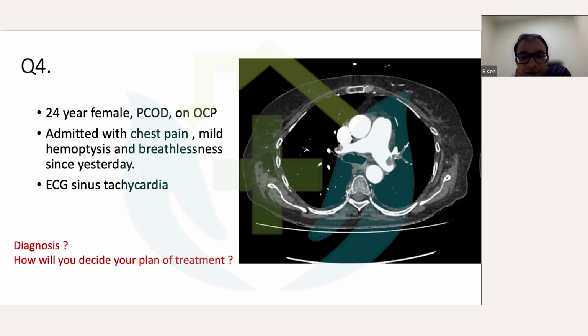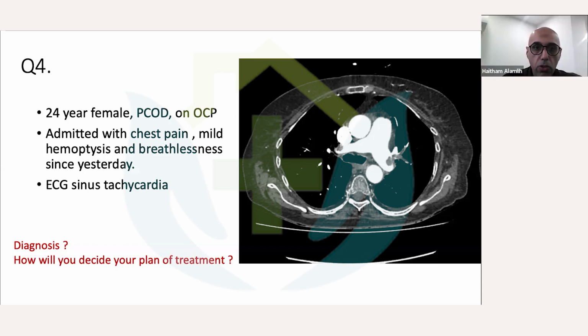Which patients will you thrombolyse and which will you anticoagulate? If the patient is hemodynamically stable, blood pressure is okay, I will go for anticoagulation. If hemodynamically unstable, thrombolysis. Is there any clinical grade of severity of pulmonary embolism?